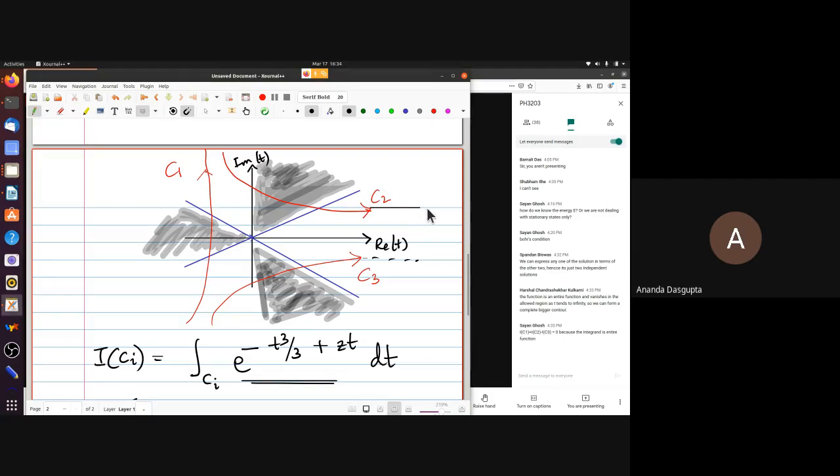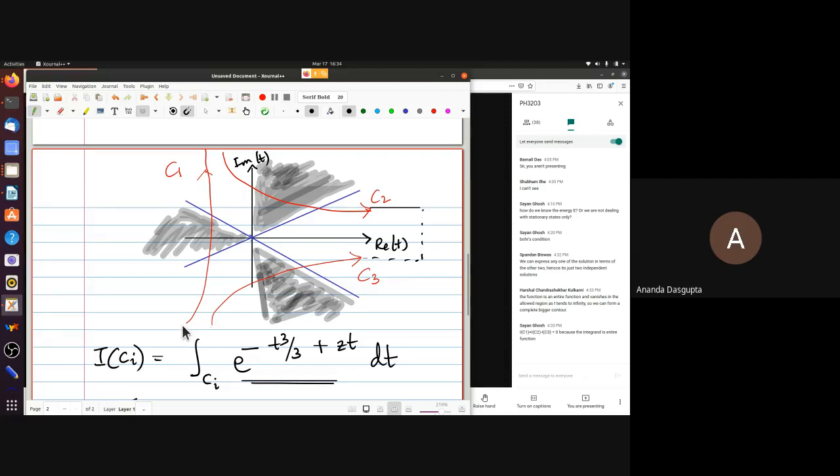But since the integrand vanishes exponentially rapidly whenever you're going to infinity inside this region, you can always add an additional piece of the contour which will contribute nothing.